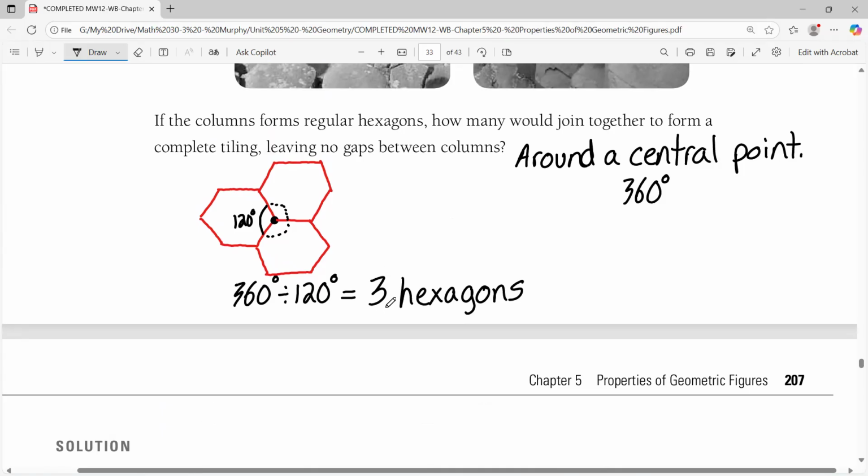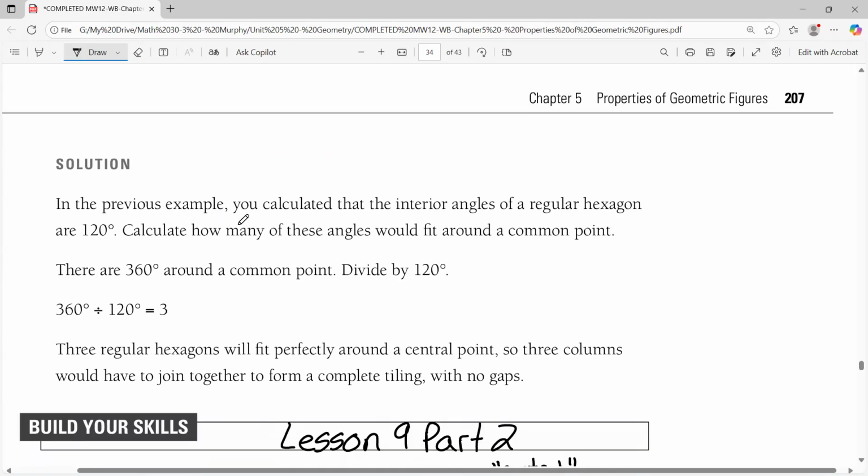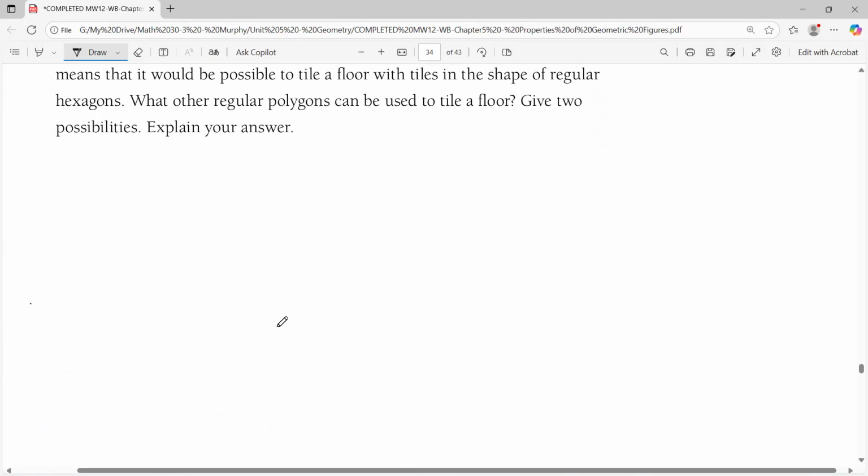The number has to come out to a whole number of polygons. Okay, so I couldn't have had 3.5, right? It has to fit perfectly. So the requirement, this is part of our reasoning.